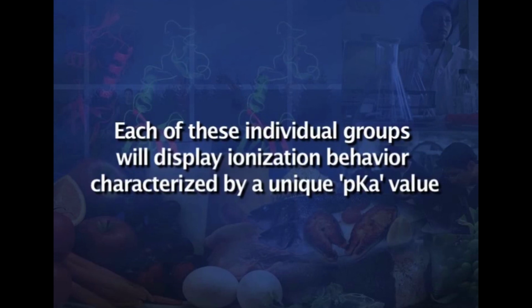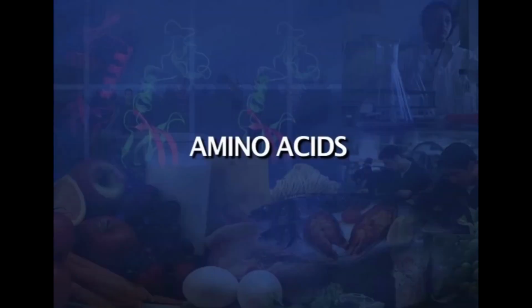The ionization behavior of a protein is a complex of each of these amino acids that are located within the protein. The situation is complicated in proteins because the pKa value of any ionizable group is very sensitive to its environment in the protein.